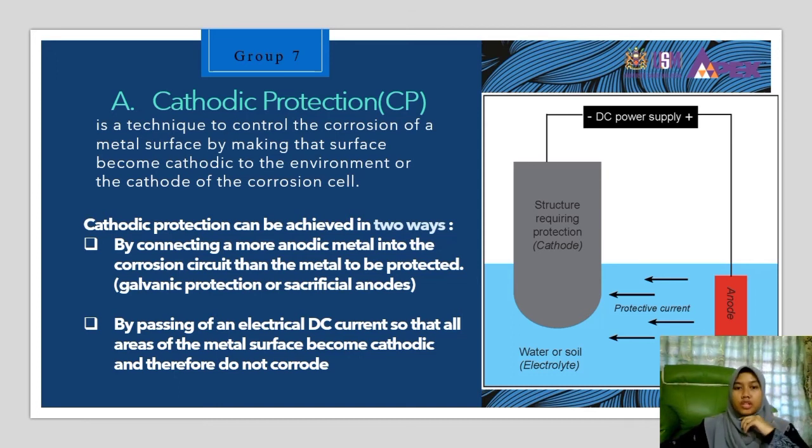Cathodic protection can be achieved in two ways. First, by connecting a more anodic metal into the corrosion circuit than the metal to be protected, which is galvanic protection or sacrificial anode. And second is by passing an electrical DC current so that all areas of the metal surface become cathodic and therefore do not corrode.